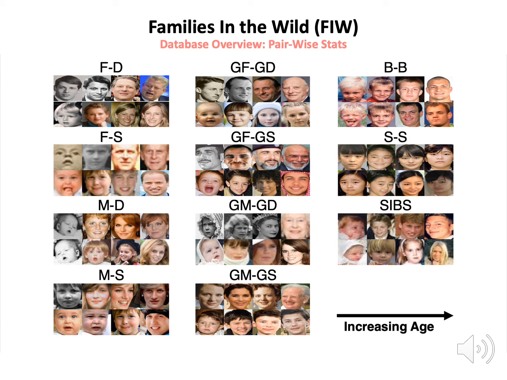For each pair here, we show the same parent-child, grandparent-grandchild, or sibling pair across different ages, so across their lifetimes. You can see that we have various faces for each pair, with increasing ages.